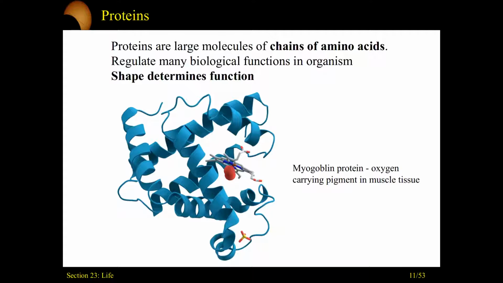This is how oxygen is carried in your muscle tissue. It's one example of a type of protein that your body needs to function, and this protein is constructed from your DNA. So let's go through how our strands of DNA build up these amino acids to form any protein that we need to function.